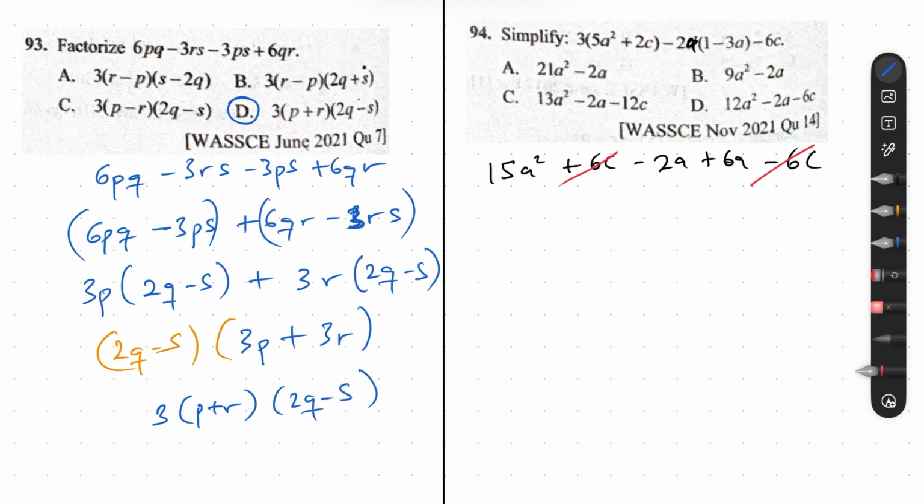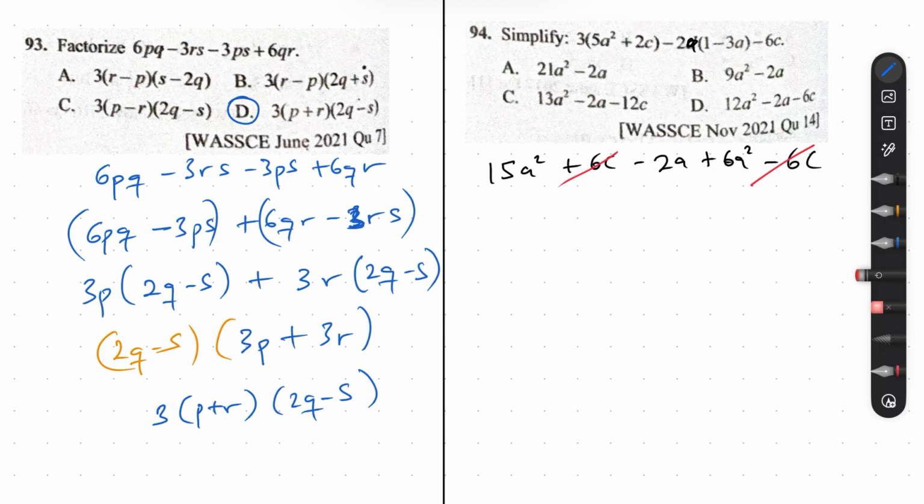And here we have negative 2a plus 6a, which is going to give us what? Actually, this a is squared here. This is 6a squared. So we'd have negative 15a squared plus 6a squared, which would give us 21a squared.